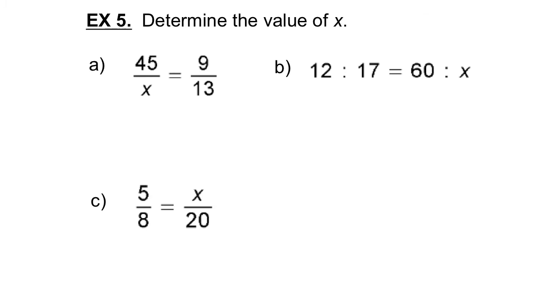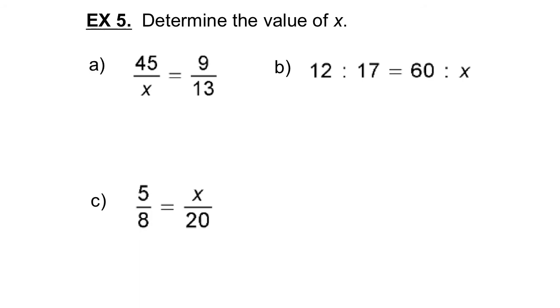So when it says determine the value of x, x is a number. The only thing is we just don't know what the value of that number is. So here I have a proportion. This ratio is equal to this ratio. I don't know what this number is though, so I have to figure it out. So I can either look for a multiplying pattern or do cross multiplication.